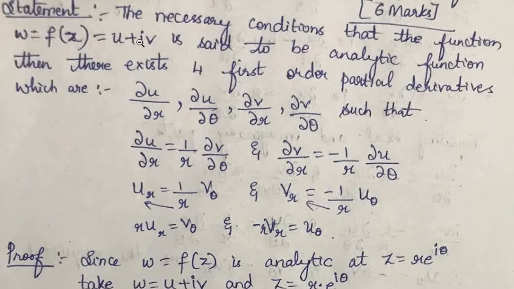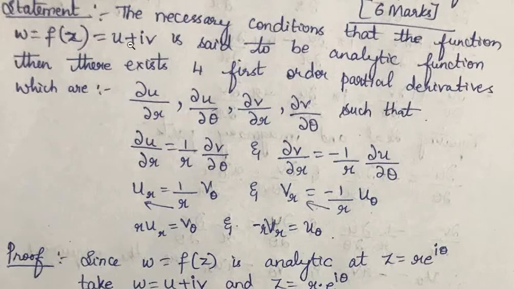F of z is equal to u plus iv. Why? Because we are taking complex numbers. Complex numbers can be represented as x plus iy or u plus iv, where we have a complex number with a real part and an imaginary part. If any variable is associated with i, we call it an imaginary number. u is the real part and v is the imaginary part.